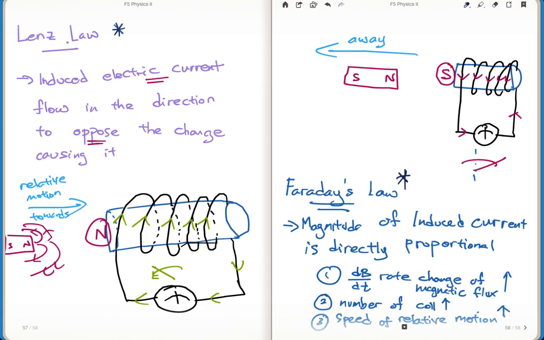Now if I were you, you are advised to go through your reference text. There are actually a few experiments to investigate these factors for Faraday's law: how to set up the experiment, how many turns of winding. If you have gone through it already, that's good for you. The next part would be to go through at least 10 to 15 questions related to induced current.